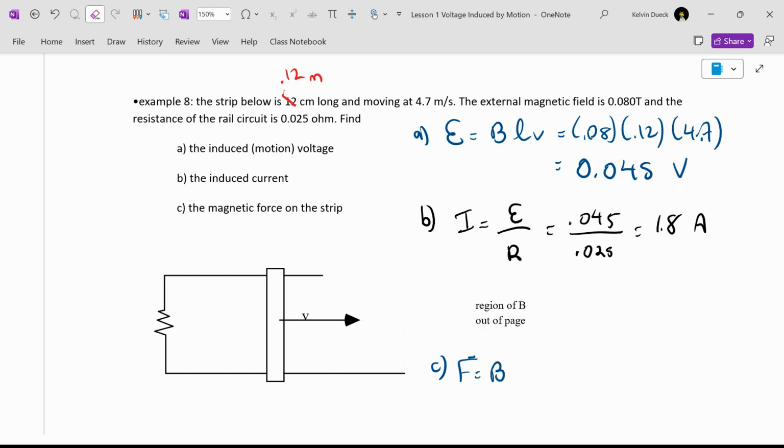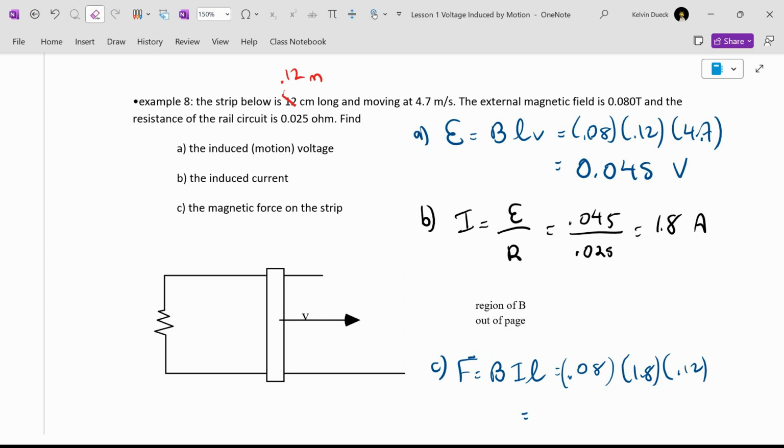F equals BIL! It's going to be 0.08 times 1.8 times 0.12. How many newtons of force will we feel tugging against us?